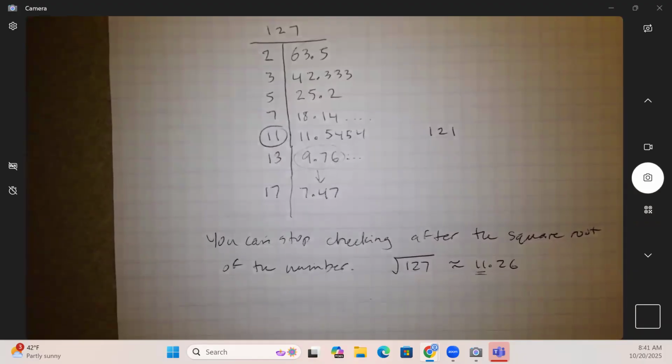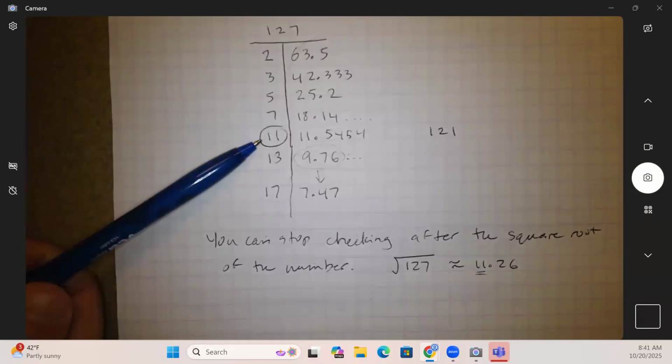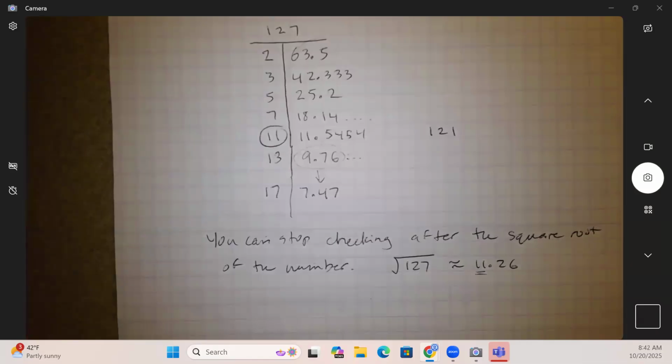Which is kind of nice, because otherwise with a big prime number you'd be checking an awful lot. So that's just a little tip. You can always go up all the way to 127. You could even go up halfway, because then the 2 doesn't work. But you can actually stop after the square root of that number.